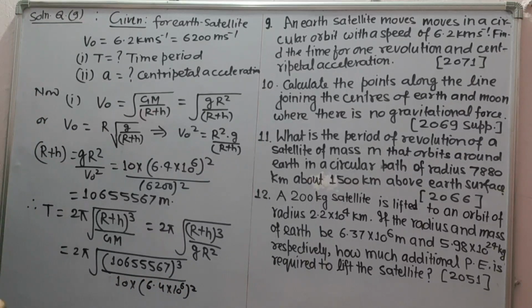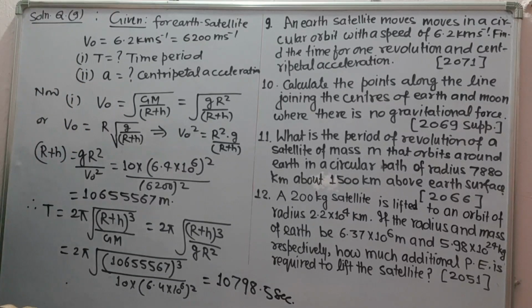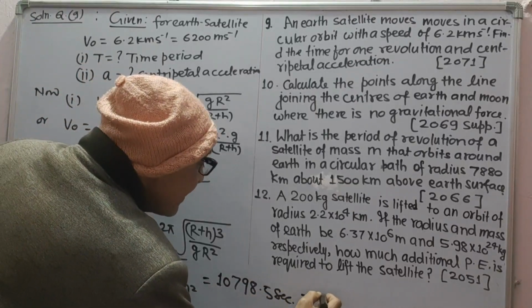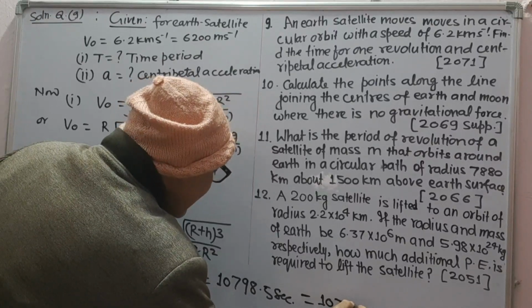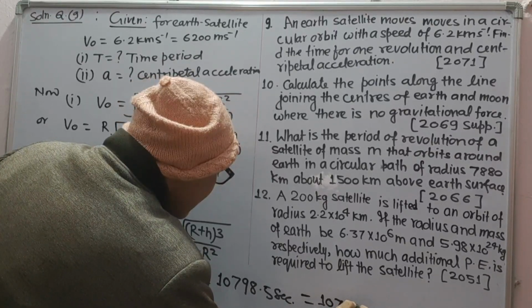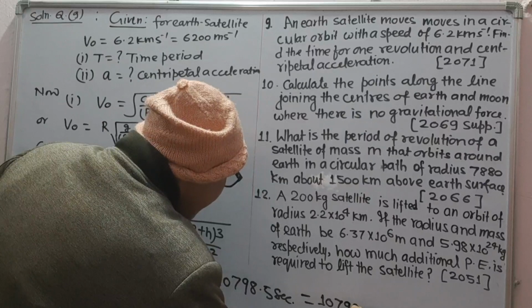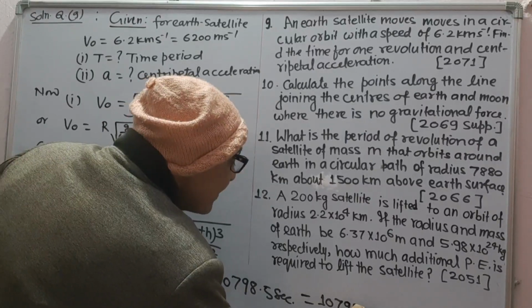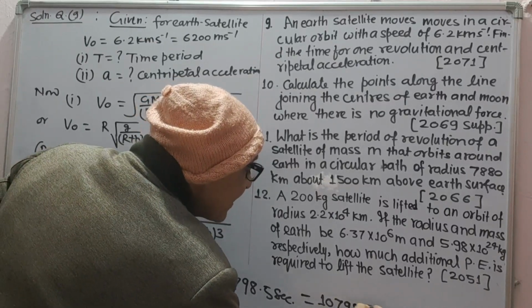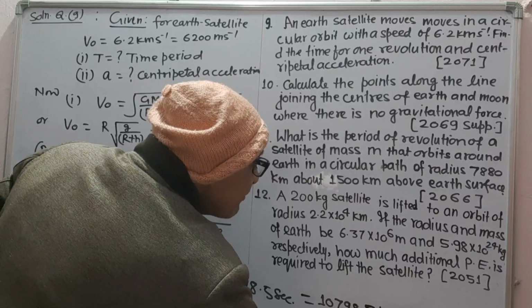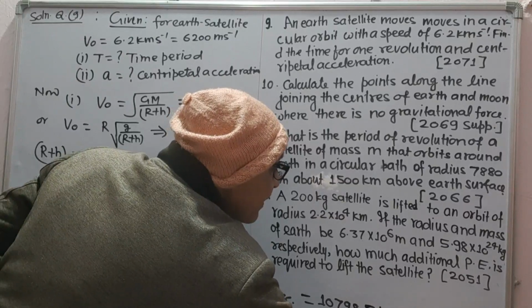On simplification it gives time period as nearly 10,798.5 seconds. Divided by 3600 seconds, this gives time period in hours as 2.99 hours.